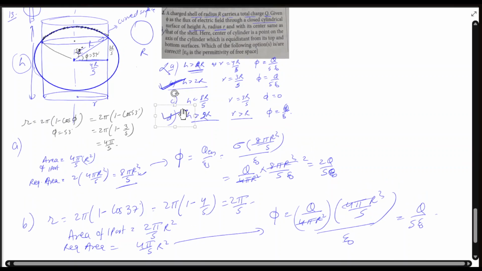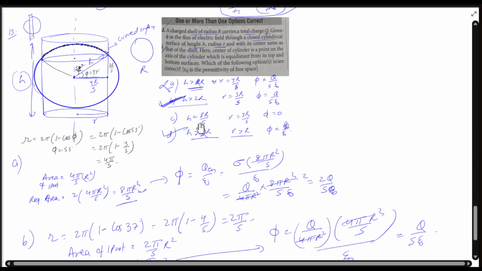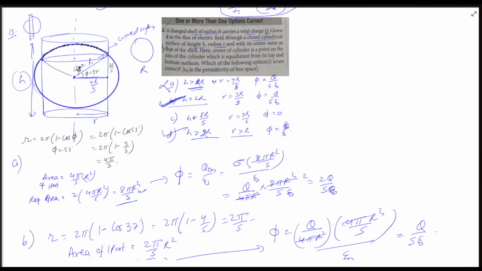Now for the C part, look, h is less than 8 r by 5. Okay, and r is 3 r by 5. So is this option right?